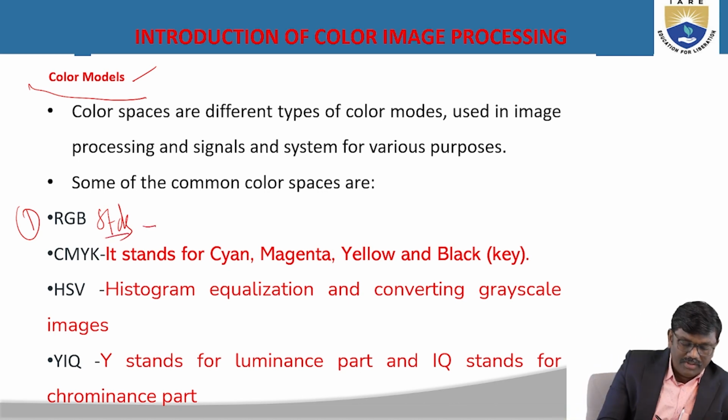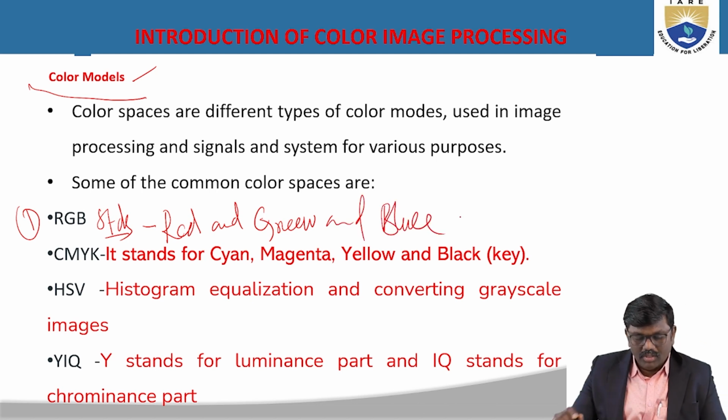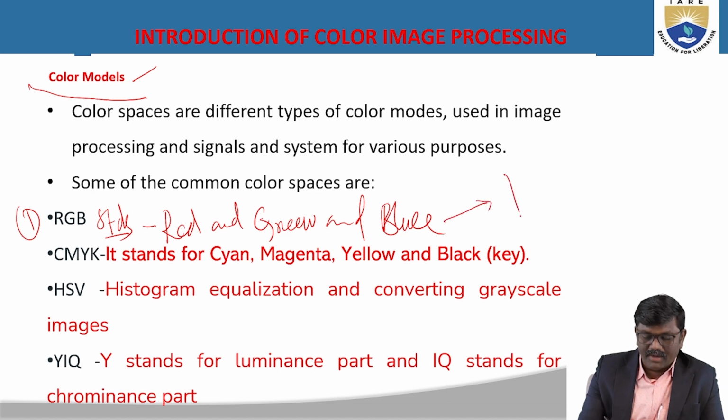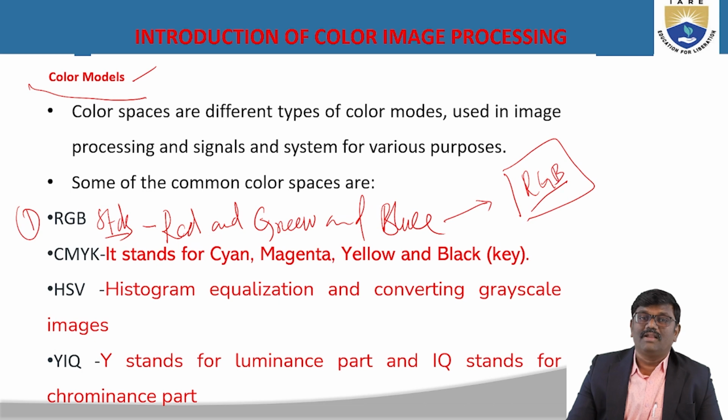From this we prepare your image. For example, your image is right now called a color image. In the sense, this RGB is attained in terms of color models.